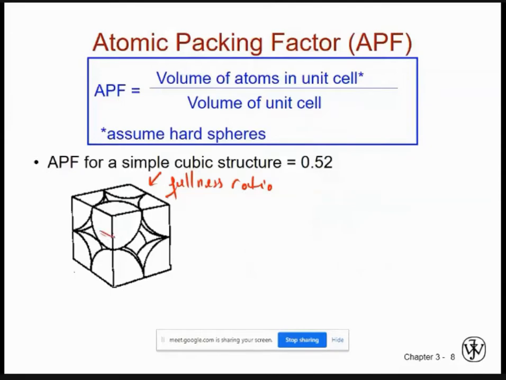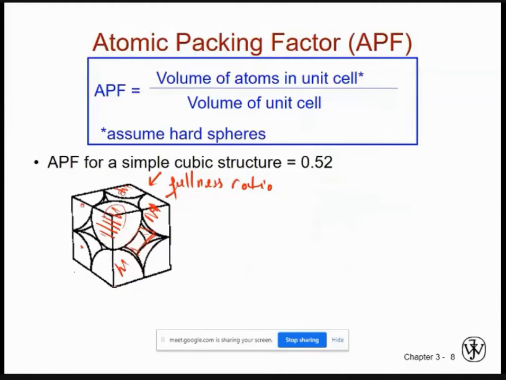If you see, we have an atom here and others. But this part over here is empty. So we have something full inside and something empty, and we need to find how full this is. That's why I will find the volume of these parts and divide it by the volume of the cube.